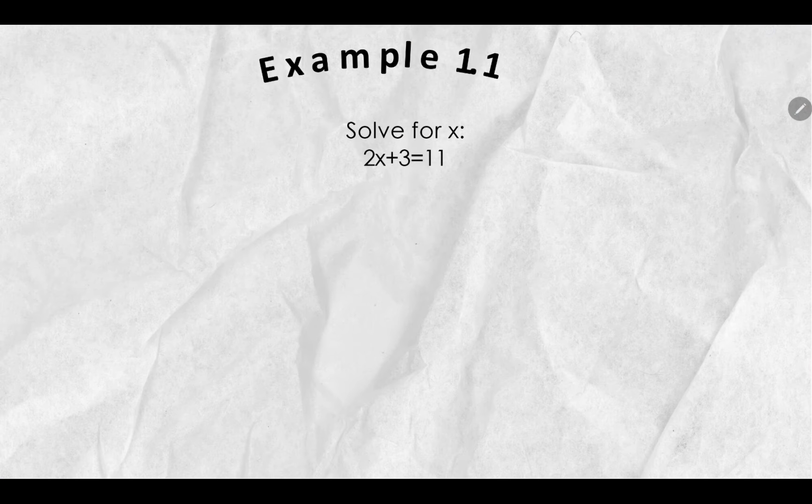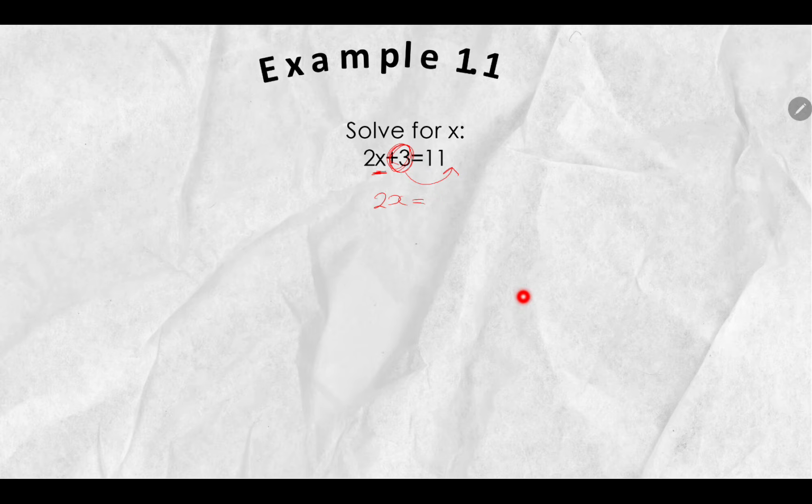Now example 1.1. Solve for x. A lot of questions will be phrased as solve for x, solve for y, solve for any letter that is in the question. So now your question is 2x plus 3 equals 11. Remember, you have to get the x by itself. With 2x, you have to get the 3 to the other side, right?